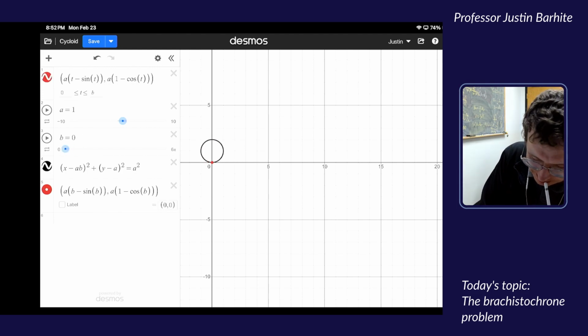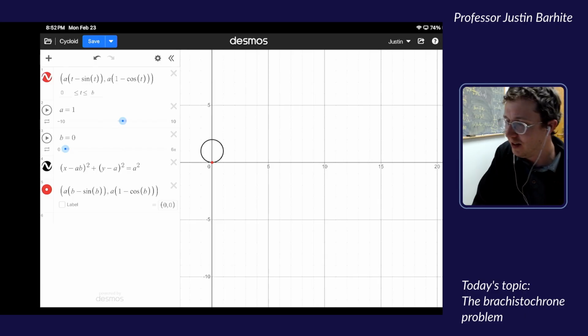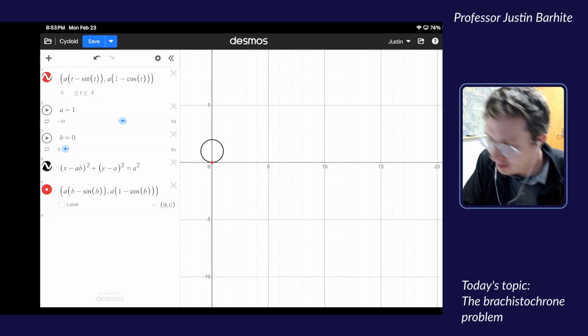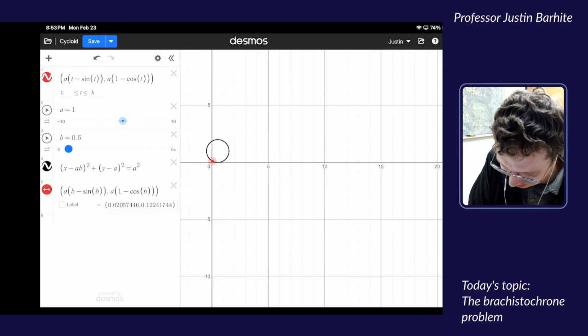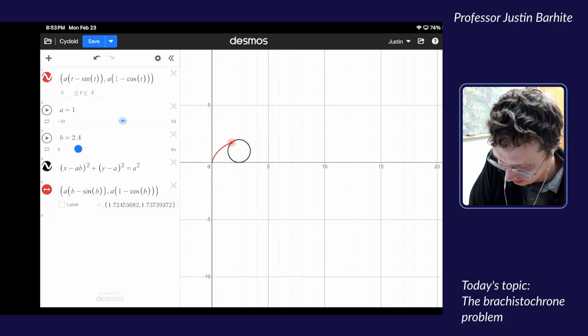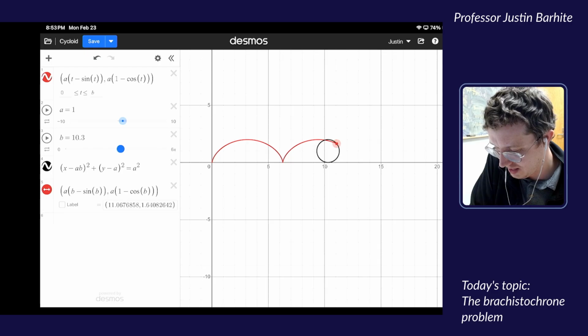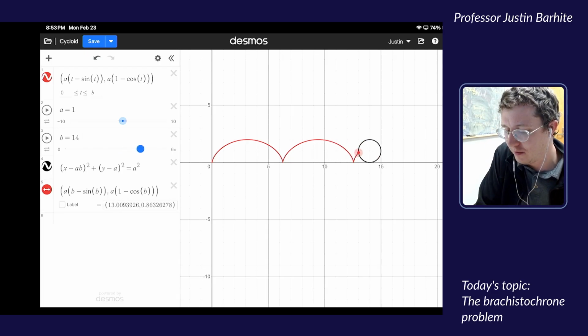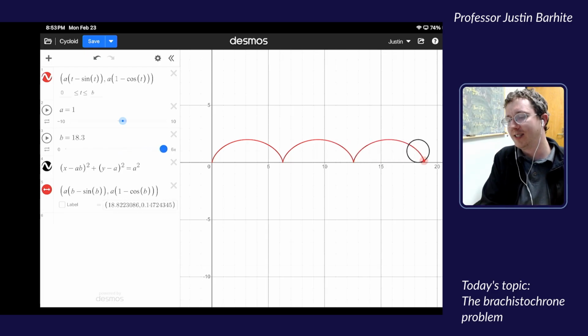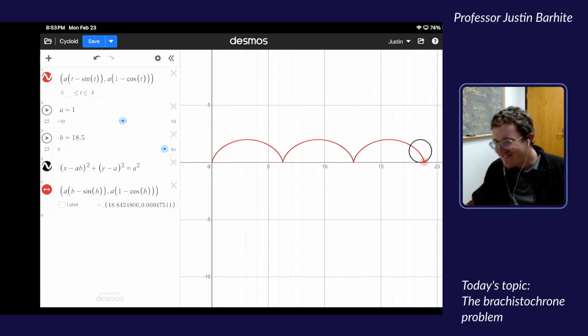If we trace out, are you all ready? This is so cool. If we trace that point as the circle rolls along the x-axis, the curve that it traces out is this cycloid. Is that not the coolest thing you've ever seen?